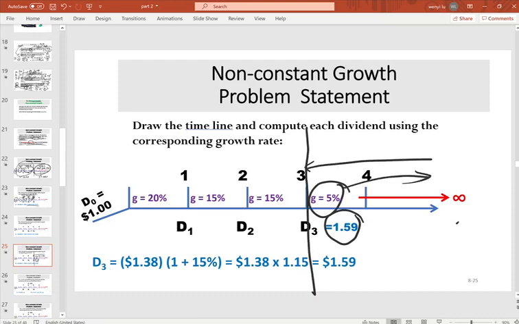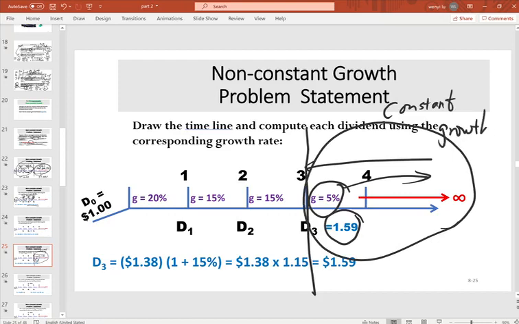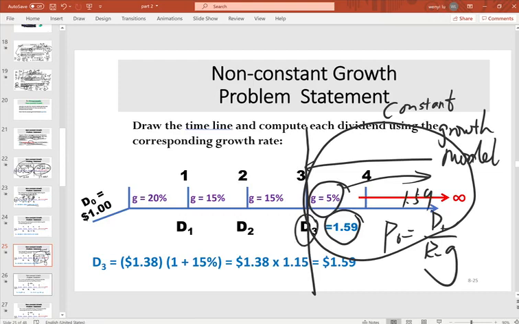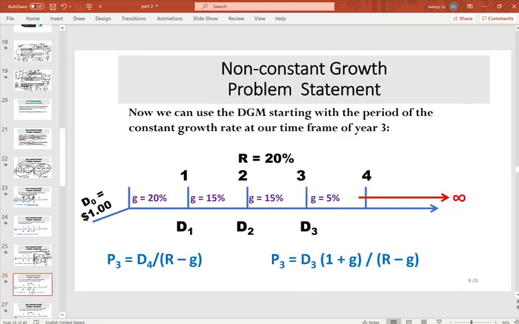So for this part, we can use our constant growth model, which has P0 equal to D1 over R minus G. Our D1 will be 1.59, the dividend paid at time 3, times 1 plus 5%, over R, where R is the required rate of return, then minus G.